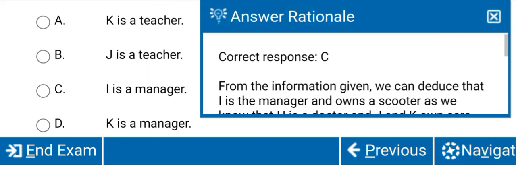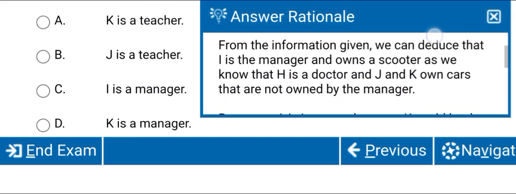The correct response is C. From the information given we can deduce that I is the manager and owns a scooter, as we know that H is a doctor and J and K own cars that are not owned by the manager.